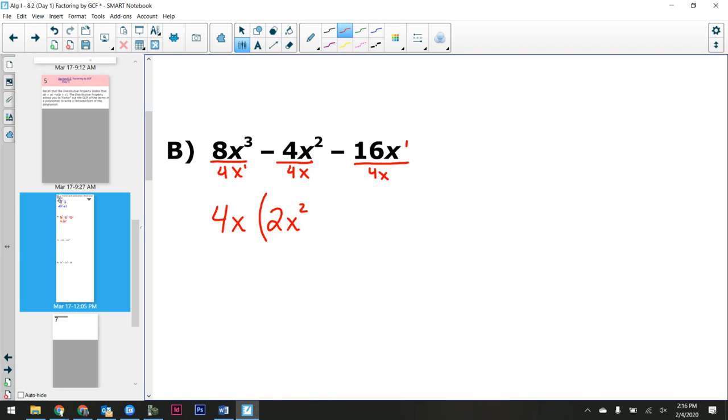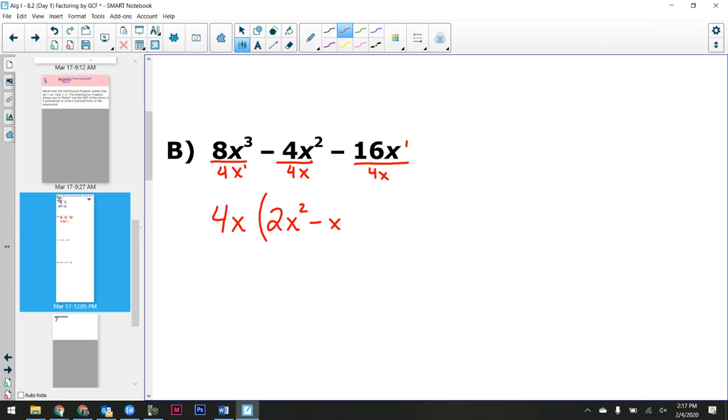What do we get for my second term? What's 4 divided by 4? 1. What's x squared divided by x? x. So negative 1x, or just negative x. What's 16x divided by 4x? Just 4, right?